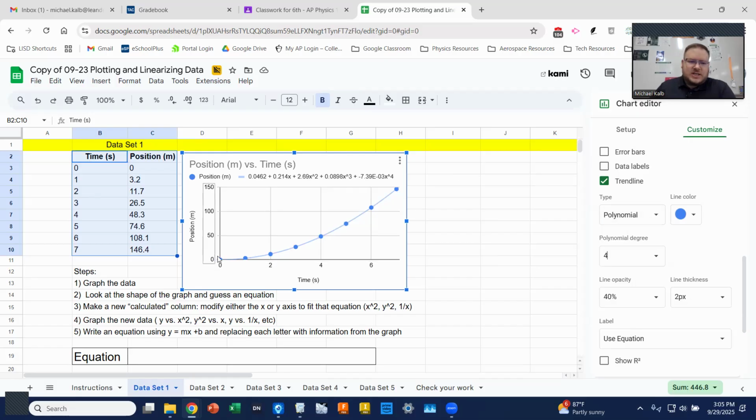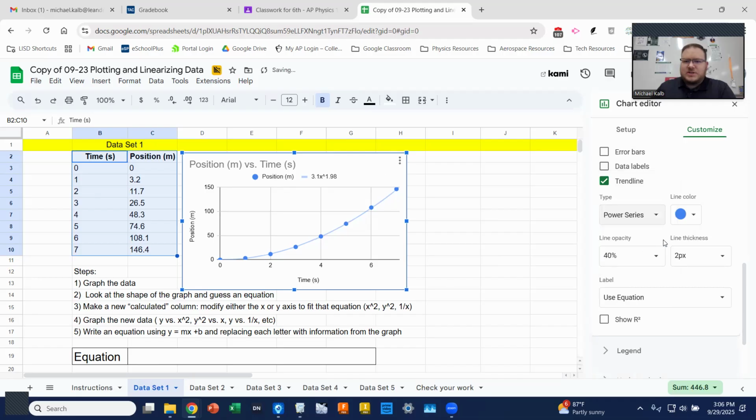So what I like to do with things like this, when I see it curves, goes through zero, instead of a polynomial, I like to do what's called a power series fit. So this is telling me that the curve of this is 3.1 times x to the 1.98 power.